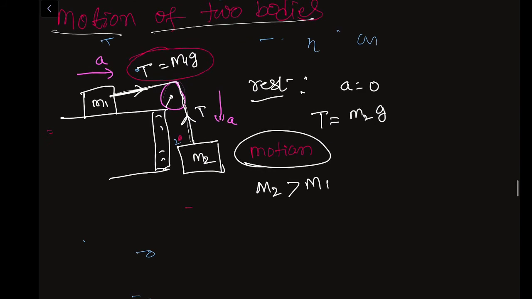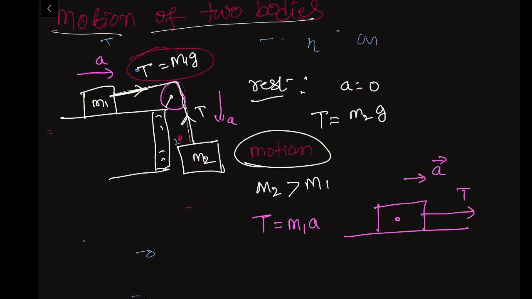So T is equal to M1A, because the body moves rightward. Got it? That's why T is equal to M1A. So this is equation 1.